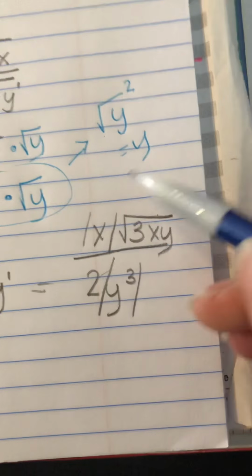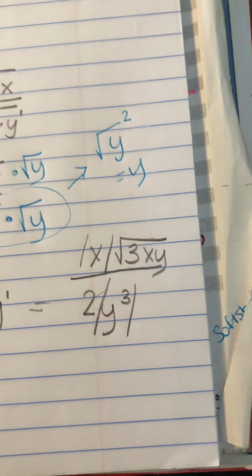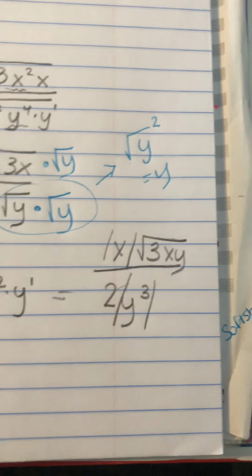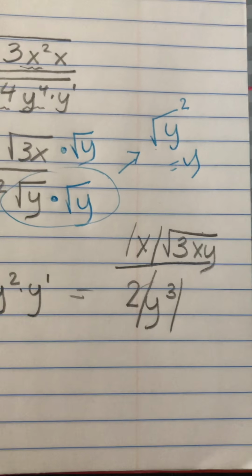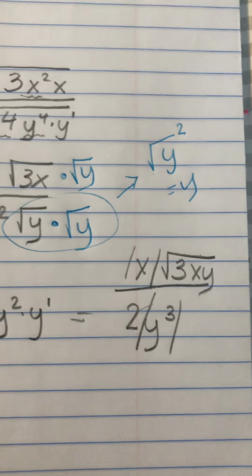Now we'll just check, can we simplify anything that's outside of the radicals? No, we cannot, so that is our final answer for number 32. Absolute value of x, root 3xy over 2, and then the absolute value of y to the third.